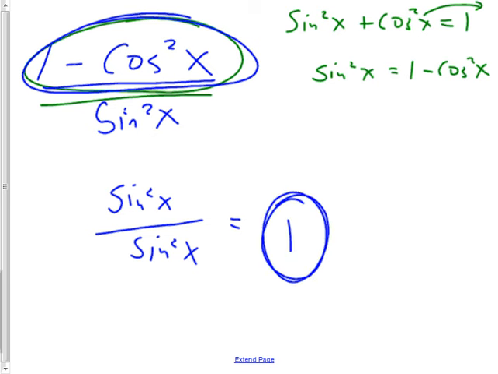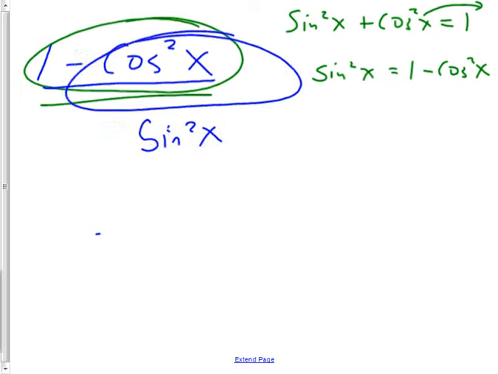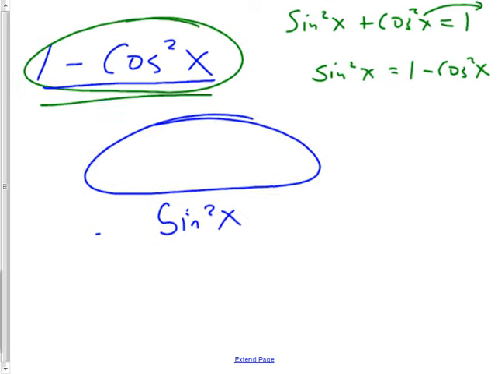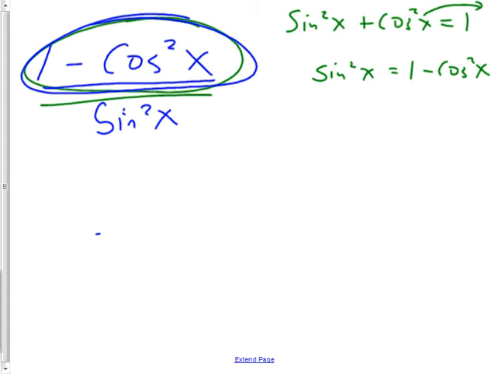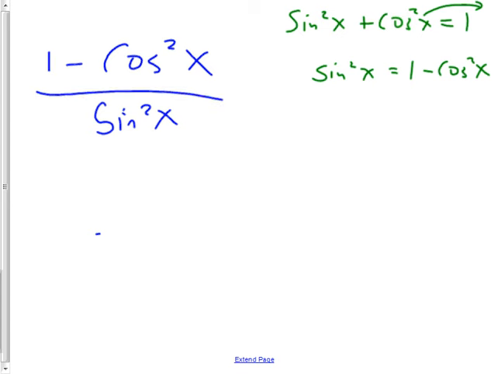All right, what if they had said instead that they wanted you to prove that this whole thing right here, let me clean it up a little bit, was equal to sine squared x plus cosine squared x.